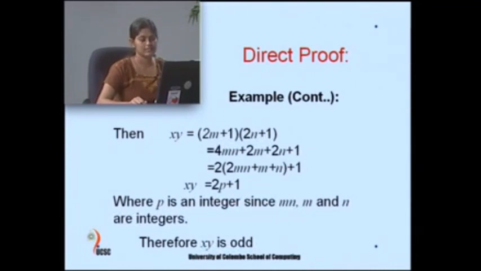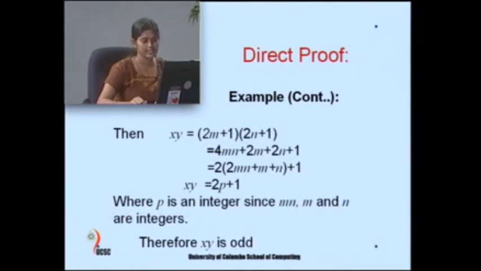If you see the first three terms, we can take 2 as a common factor, then we can take 2 out, then we can get 2(2mn plus m plus n) plus 1. If you see this pattern, it is in the form of 2 into some integer value plus 1.